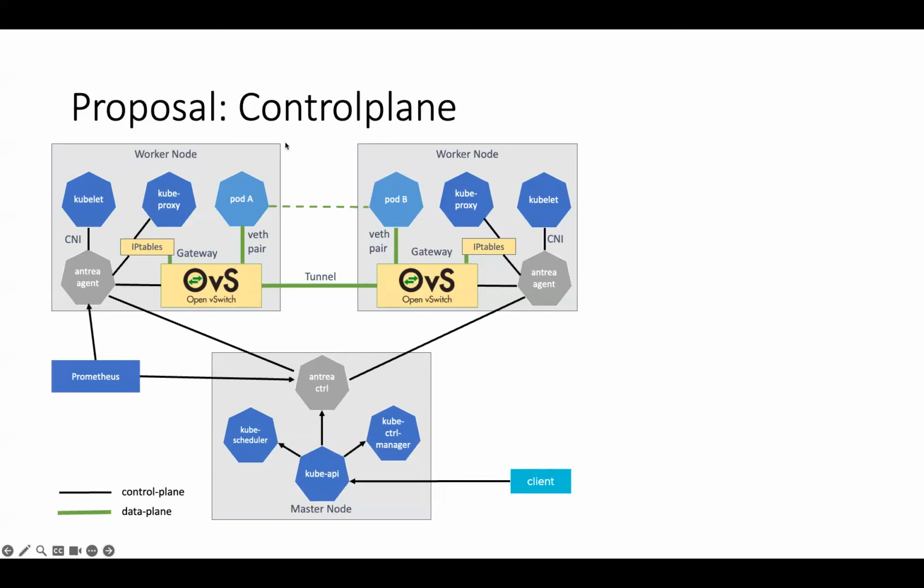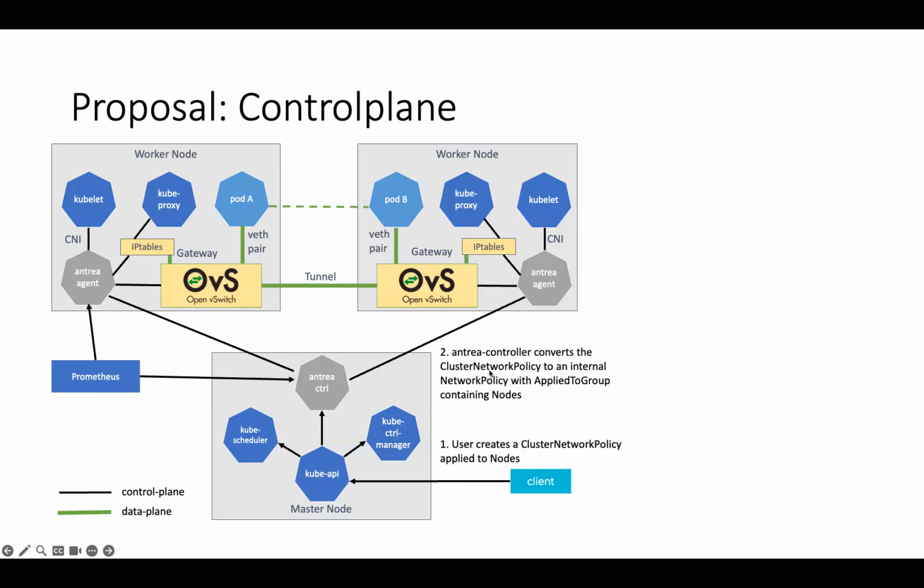Next, let's get a quick look at how this would work. Like a typical network policy workflow, the user will first create a cluster network policy which has a node selector in its appliedTo field.